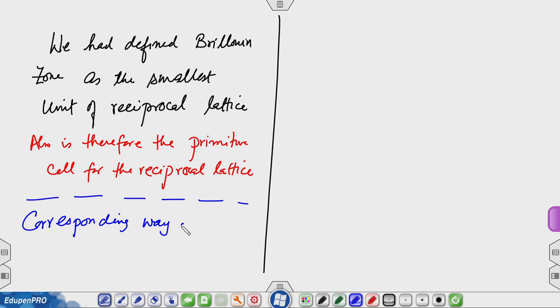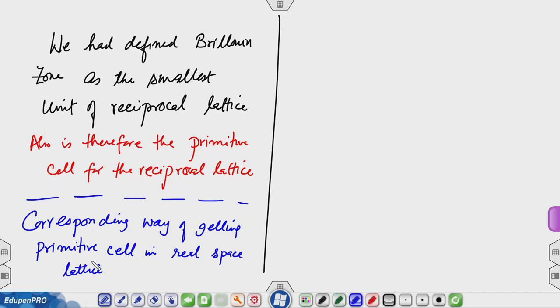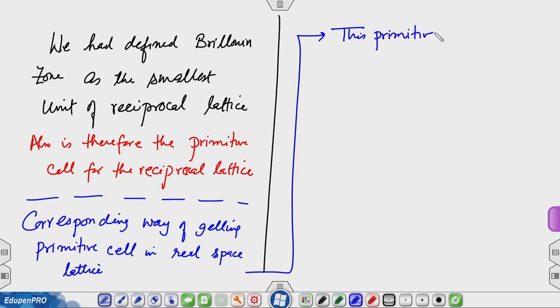Corresponding way of getting a primitive cell in real space lattice, and this primitive cell is called the Wigner-Seitz cell.